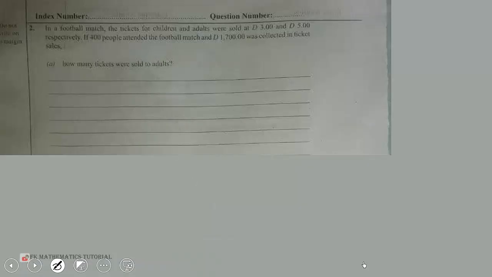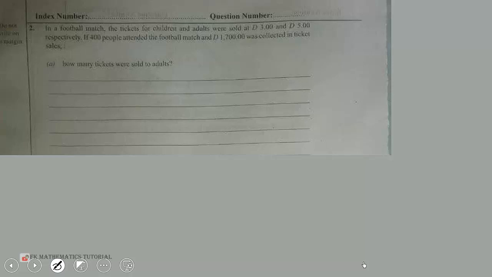Question 2. In a football match, the tickets for children and adults were sold at D3.00 and D5.00 respectively. So if 400 people attended the football match and 1,700 was collected in ticket sales, how many tickets were sold to adults?